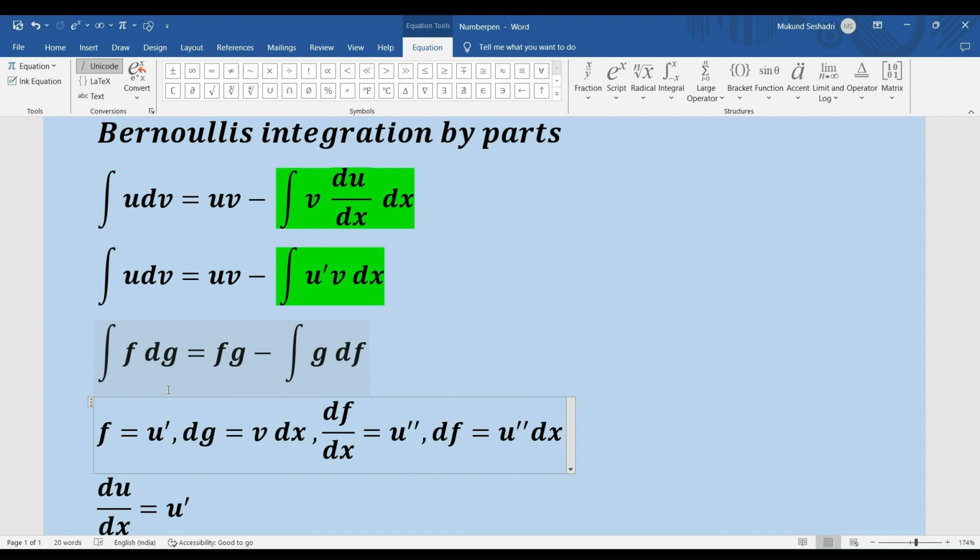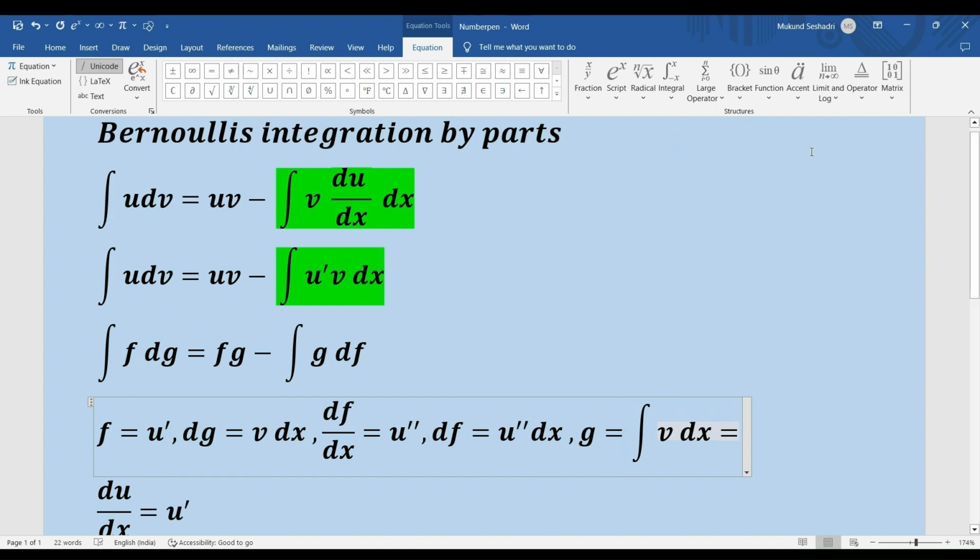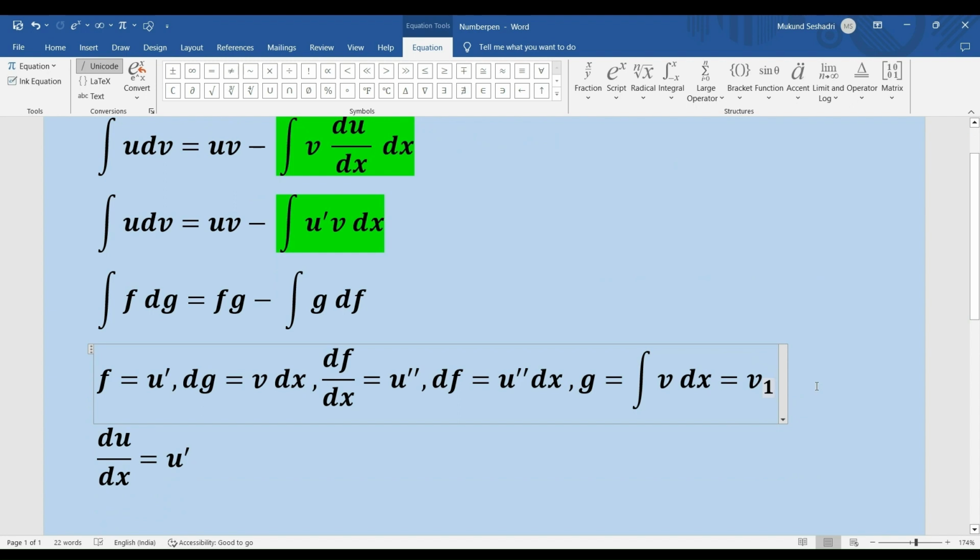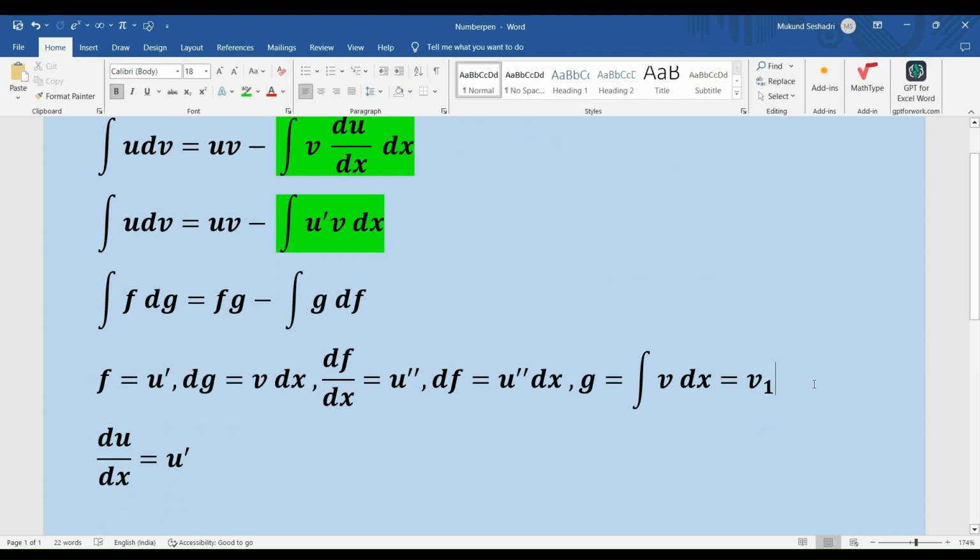Now, here is where I want you folks to look at this closely. My dg equals v dx, so what is my g? My g is nothing but the integral of v dx, which I'm going to call v1, where my v1 is nothing but the successive integral of v with respect to x.